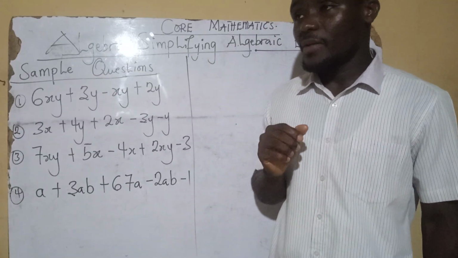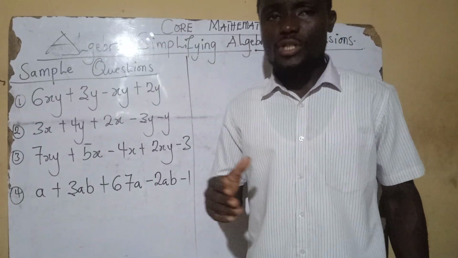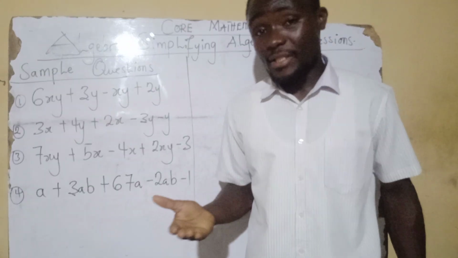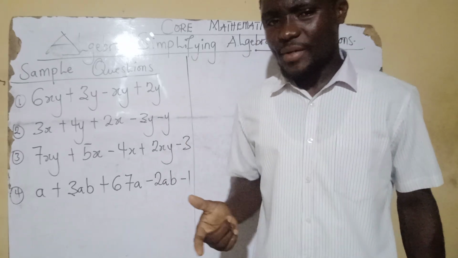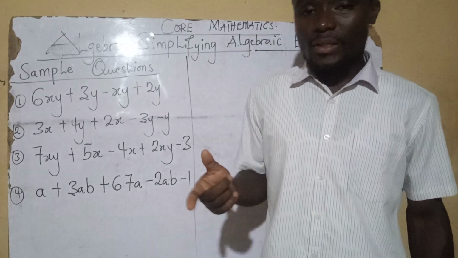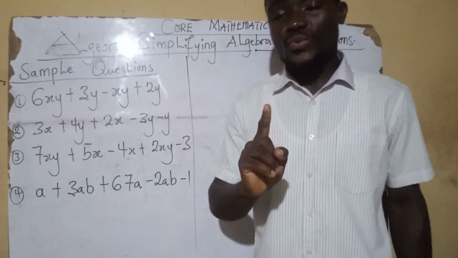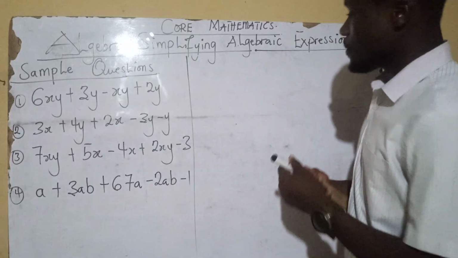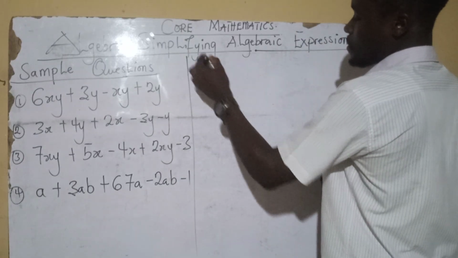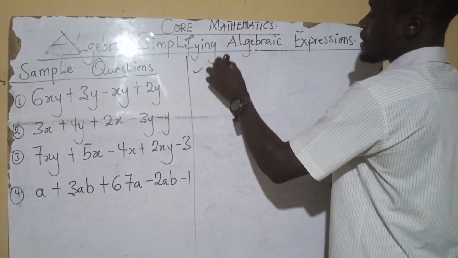Before you'll be able to add and subtract algebraic terms, there are certain key words that you need to understand. I am starting with what we call terms. So I will start with the first one, which is terms.